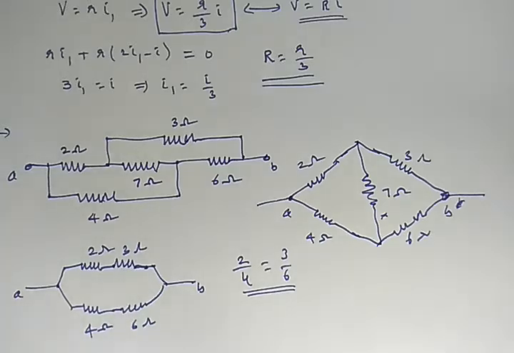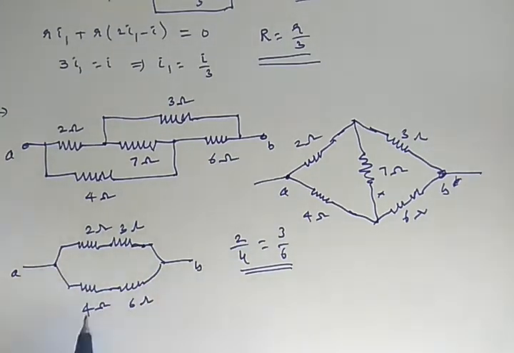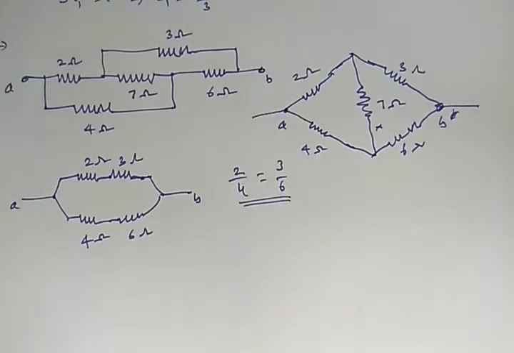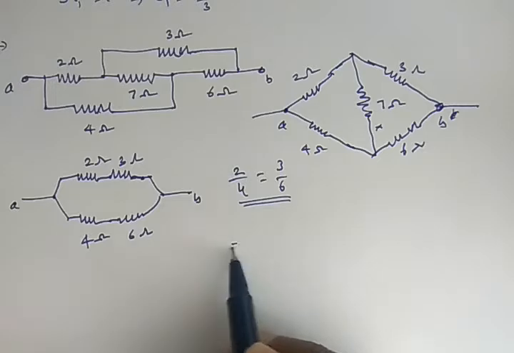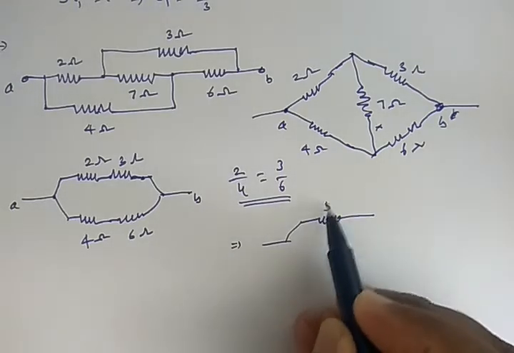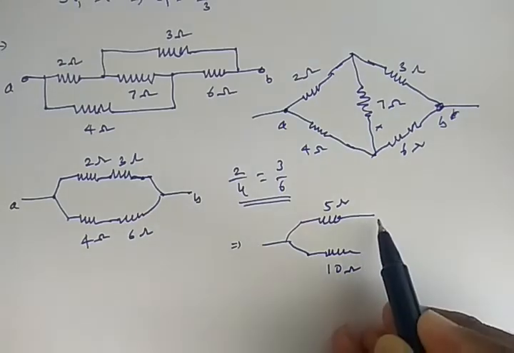Now 2 ohm and 3 ohm are in series, and 4 and 6 are also in series. When you redraw once again, you will get 5 ohm and here 10 ohm.